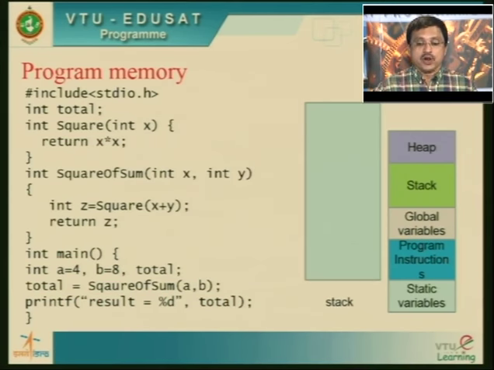For any program running on any machine, this stack size is predefined. There is a fixed size stack that is provided by the operating system to the program which is running. If for some reason you go on to consume the entire stack, you will get an error called stack overflow.